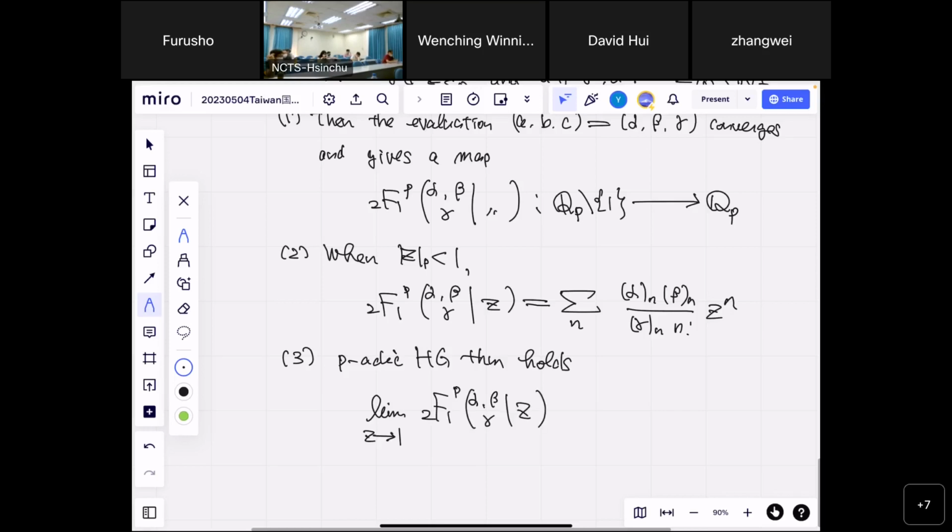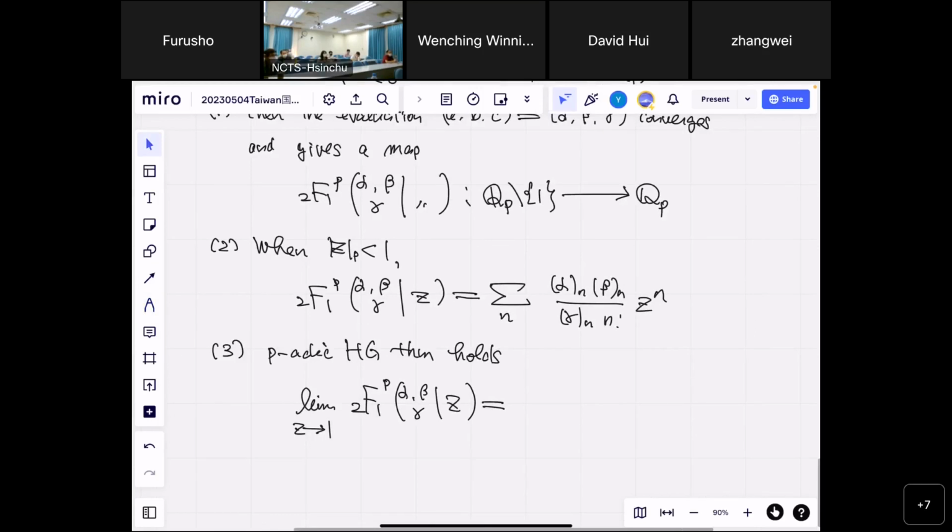My function is not determined at the point 1, but if you consider the limit, you can show that it actually gives an infinite product.